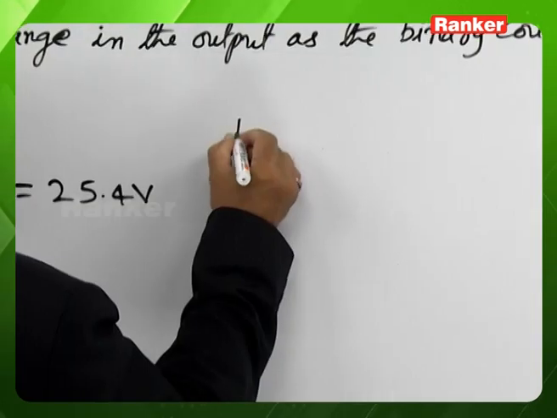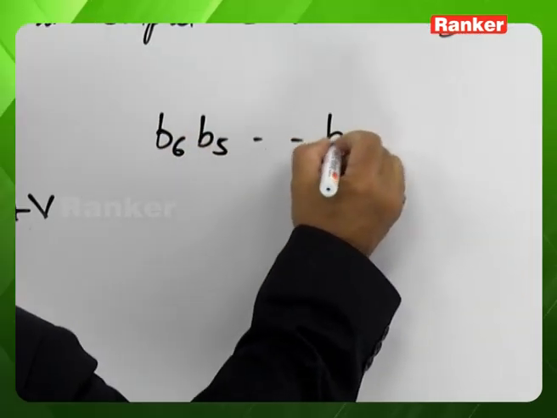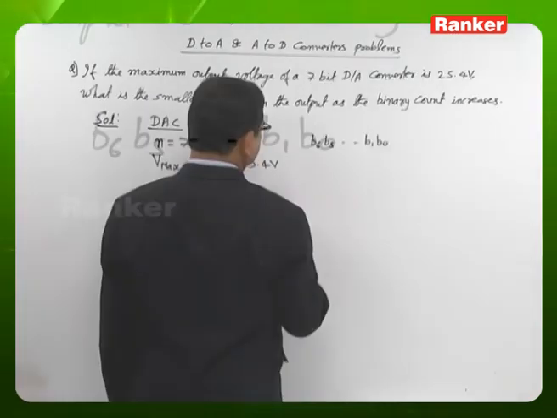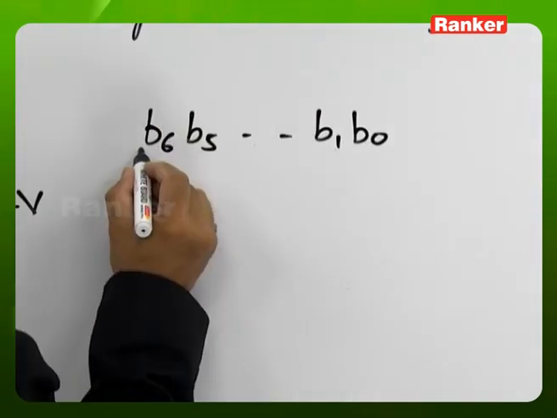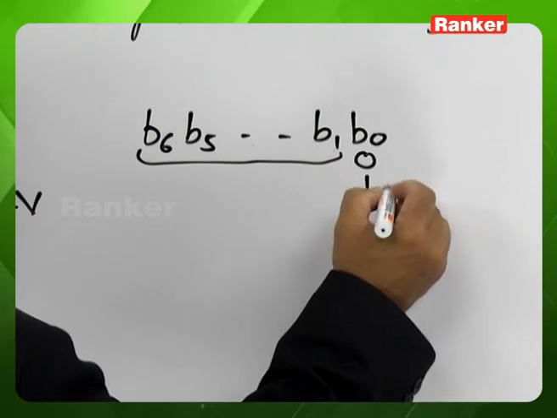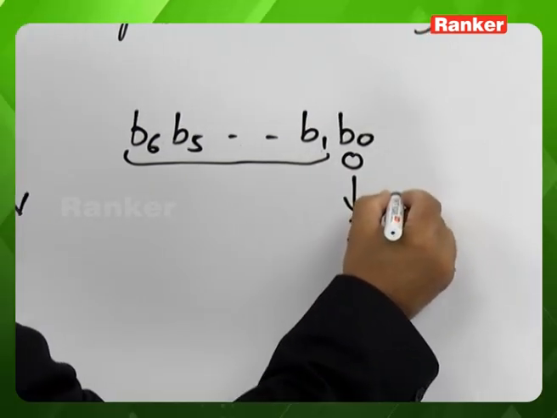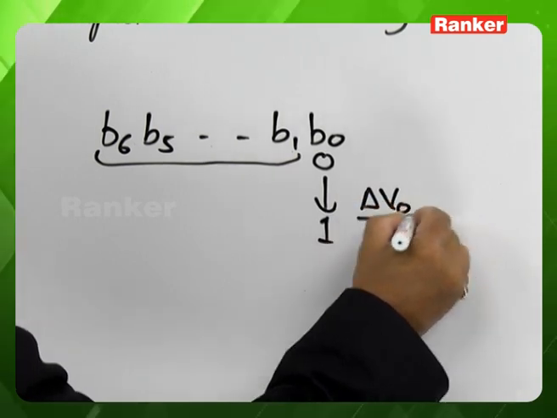So we are having a total of 7 bits. Let us assume the bits B0 to B6. Whenever the B0 bit is changing from 0 to 1, it is going to be the smallest possible change at the output.